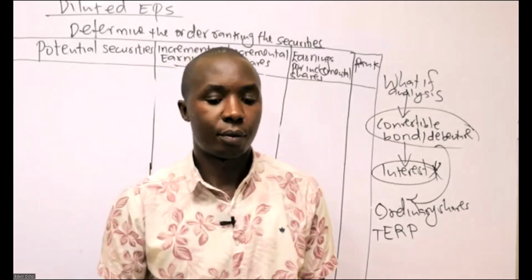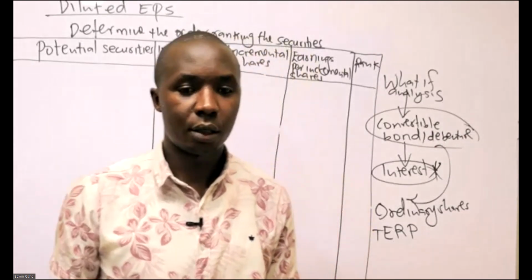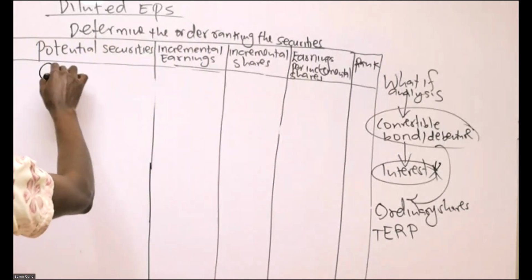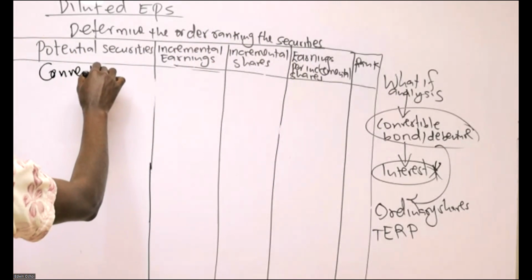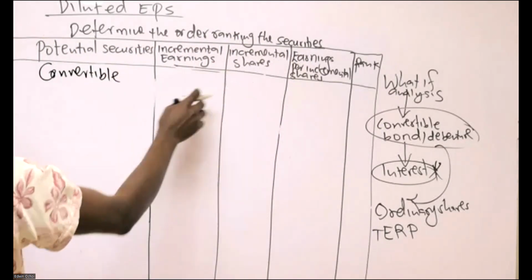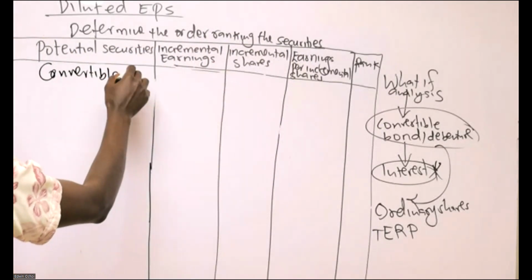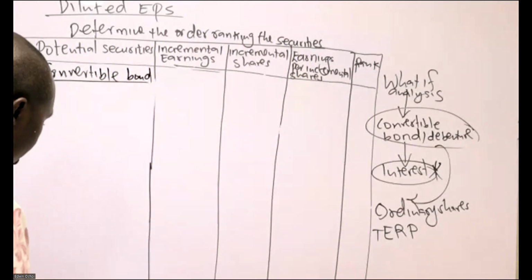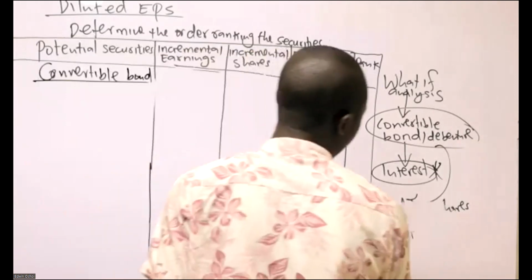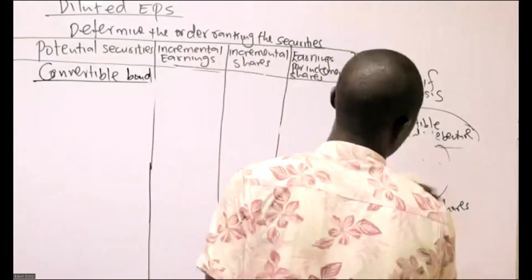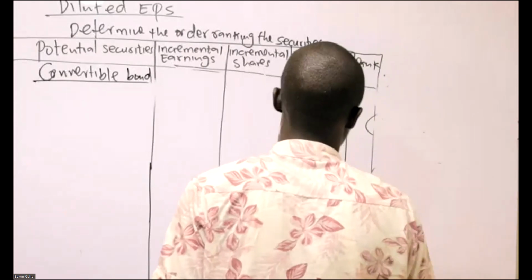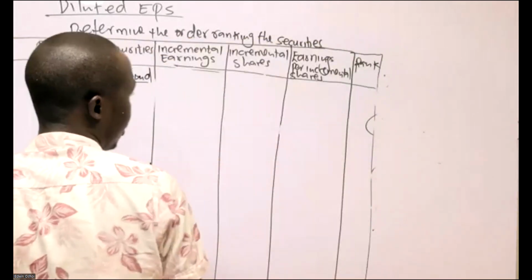So now, according to what I have said, we do the first security. We check the incremental earnings and incremental shares, convertible bond. Do you know that out of the total value of the 25 million, there's a 10 which was converted?